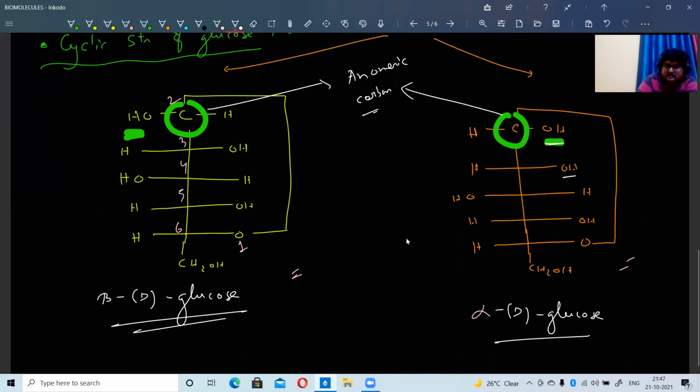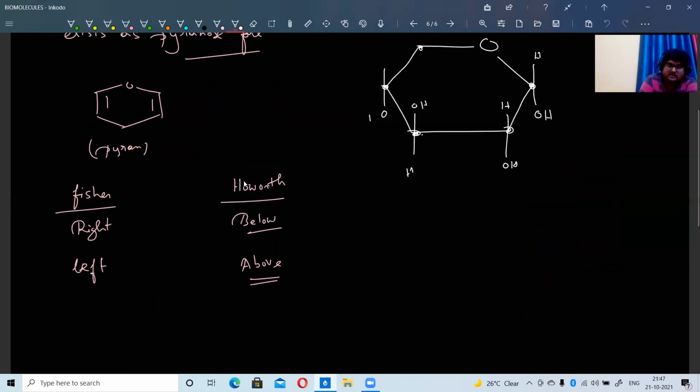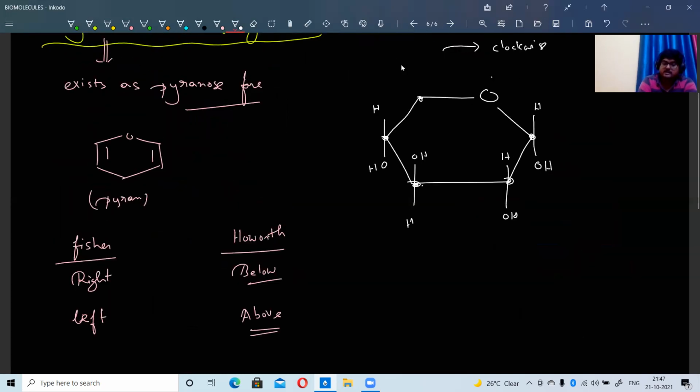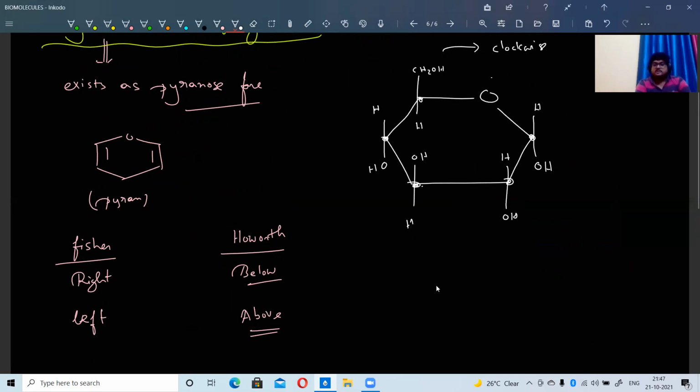Sorry, this one is 1 2 3 4 5 6. So at the fifth case, OH is on the right hand side, and if the OH is on the right hand side, always remember it is below. Now the last one is always above, CH2OH. So this one is basically the alpha form.